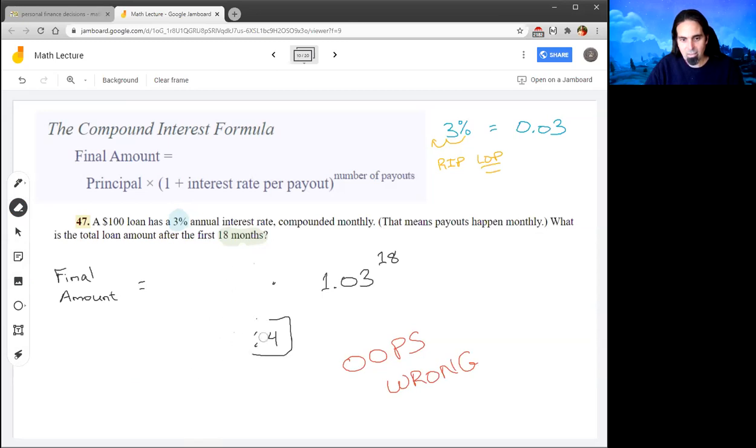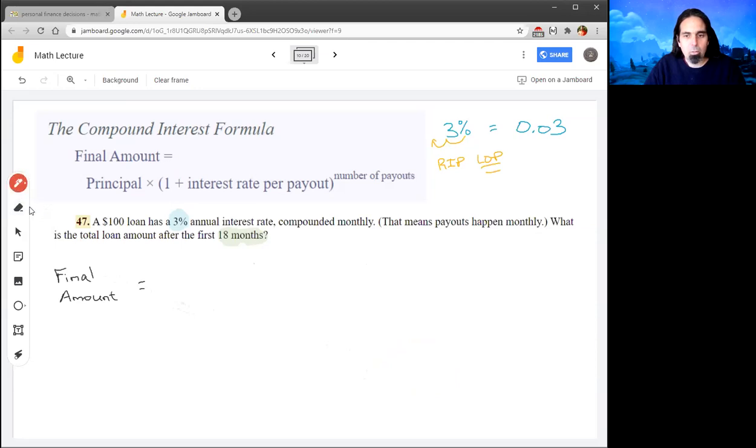That's okay. Maybe people will learn it better if I make the mistake, but it's nice if I do it right the first time. Okay, we have to share this 3% among all the months.